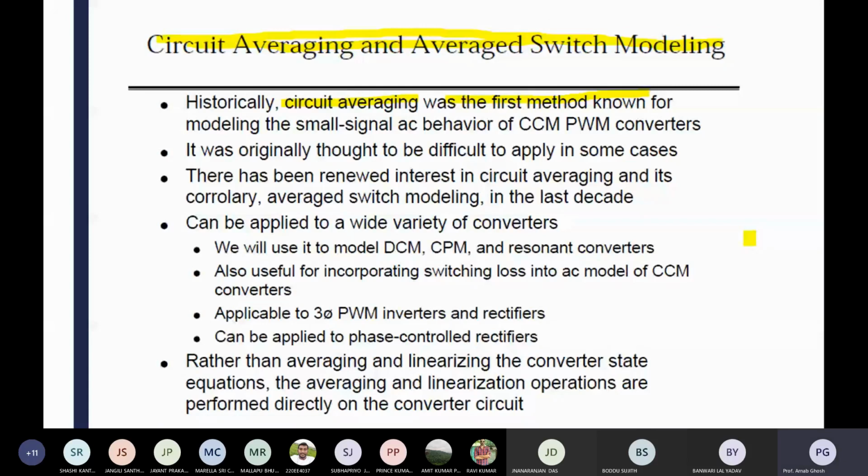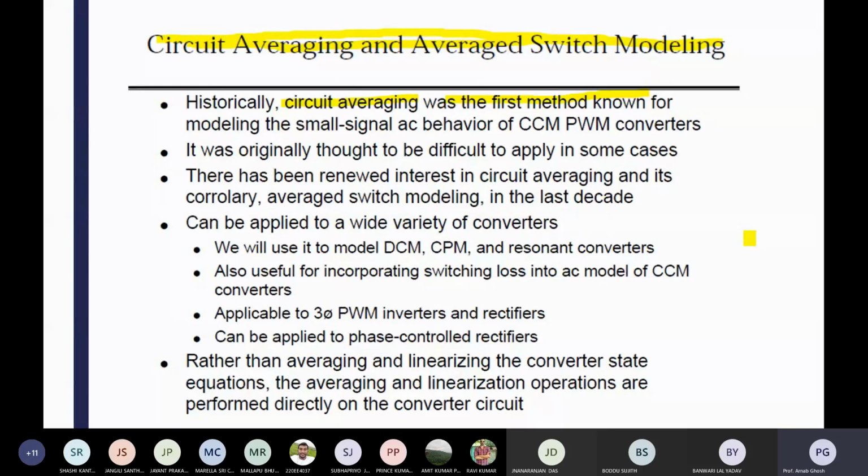That's why it is a famous method for modeling. I told you different modeling methods are available in literature, and right now people are also doing dynamical studies of power electronics converters. They also use different types of modeling, not directly the average modeling.